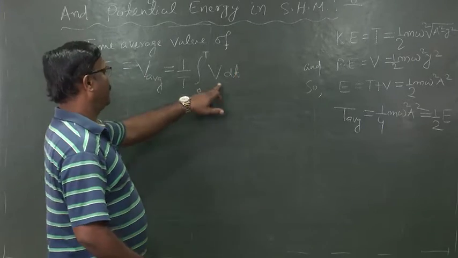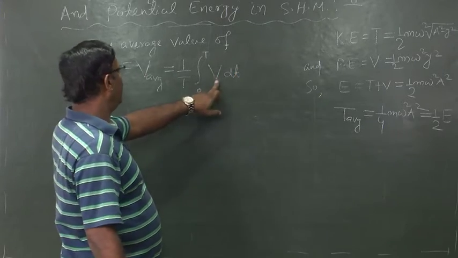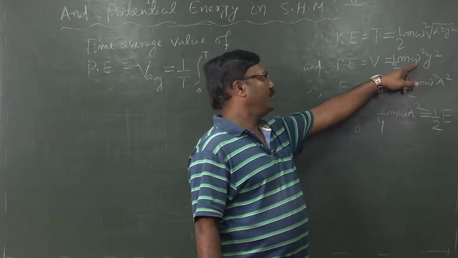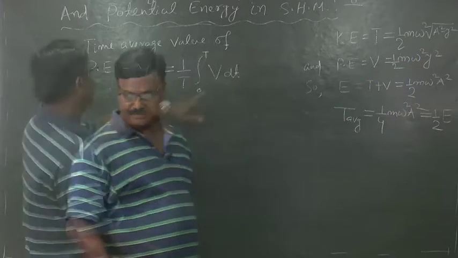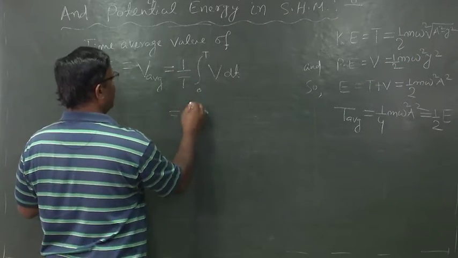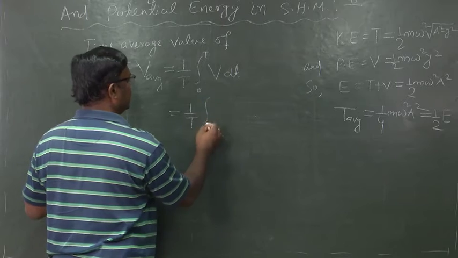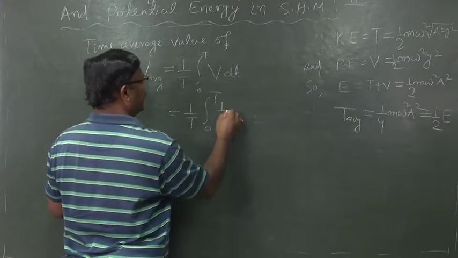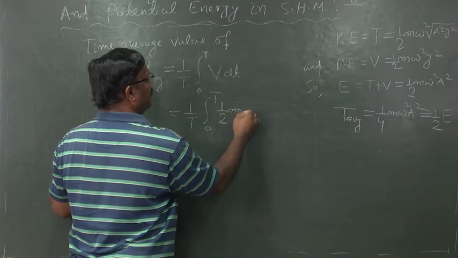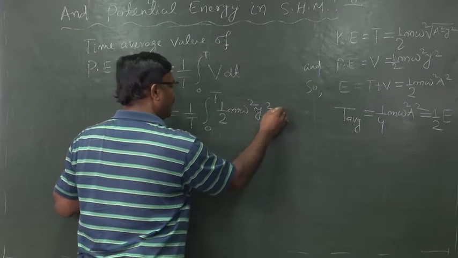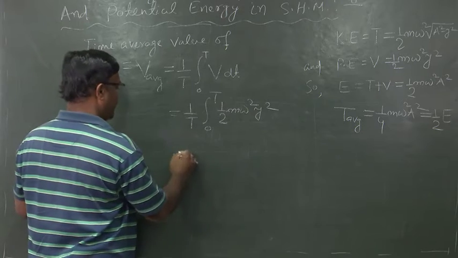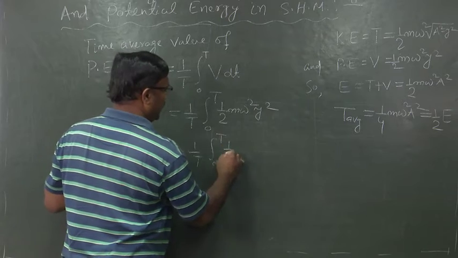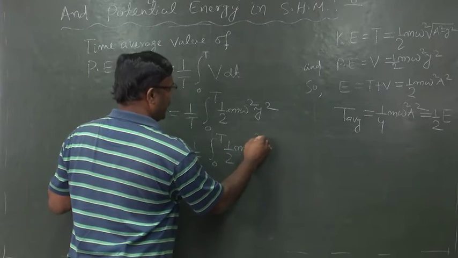But we have already found that the expression for V is half m omega square y square. So here we can write 1 by T integration 0 to T half m omega square y square dt.